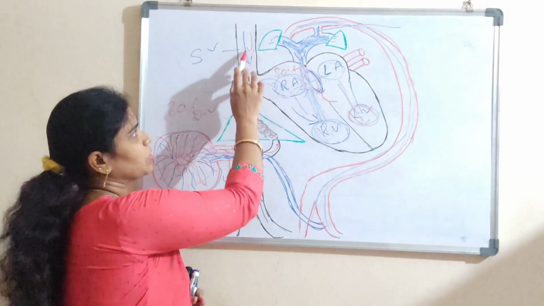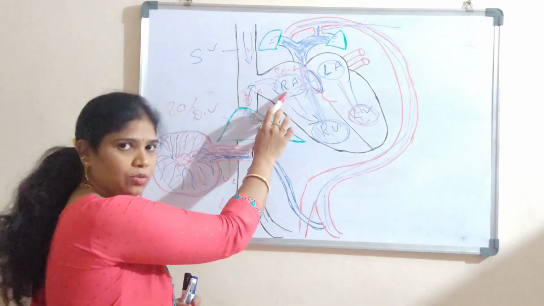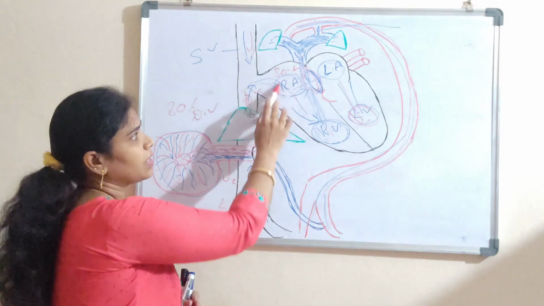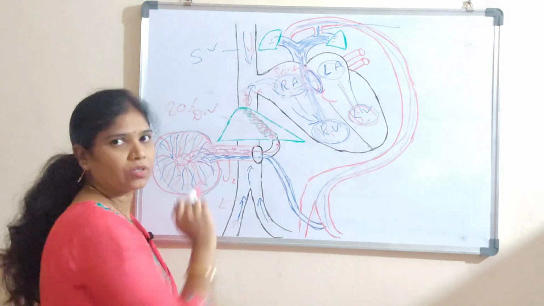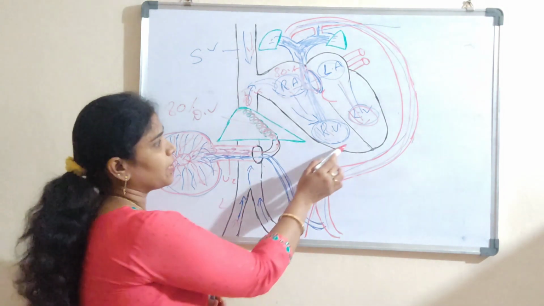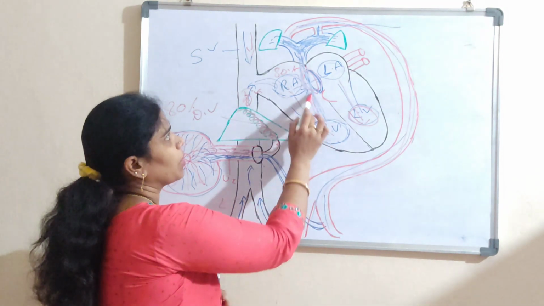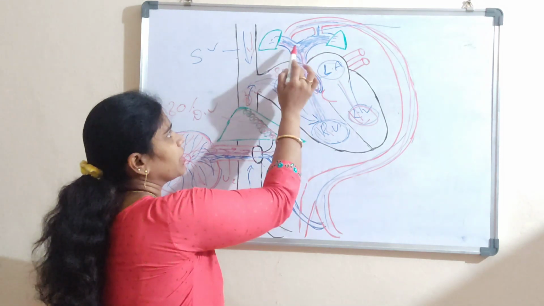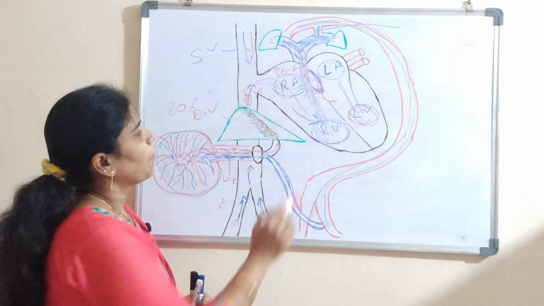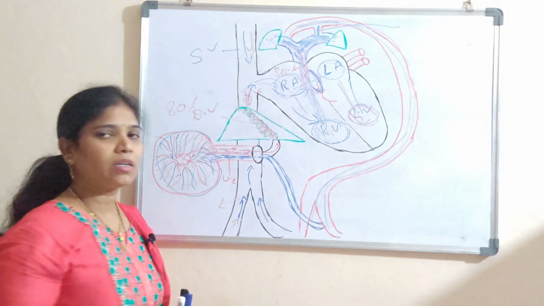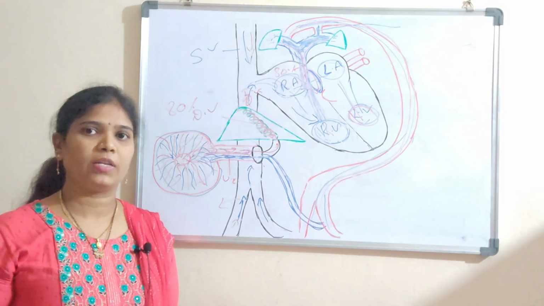But in the fetal circulation, deoxygenated blood from the superior vena cava moves to the right atrium, then a very little amount of blood moves to the right ventricle, and from the right ventricle to the pulmonary artery. But in the fetus, the lungs are immature and not functioning properly.